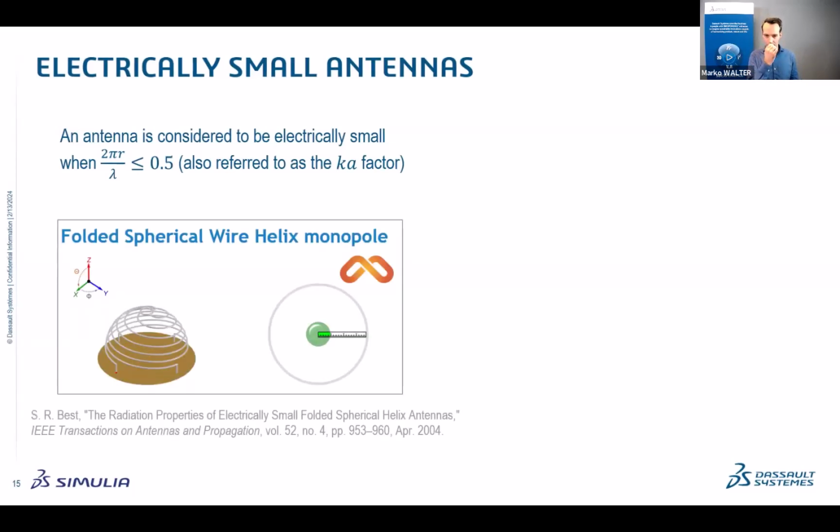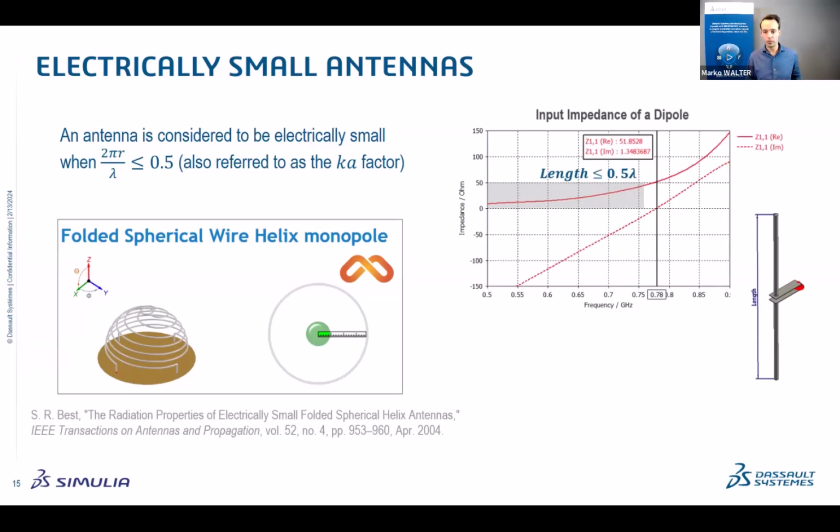And so here you can see just a folded spherical wire helix monopole that's available in Antenna Magus. You can see the reference for the literature it's based on at the bottom there. The point is, when the wavelength gets very short, the input resistance becomes very low, and of course, it's no longer an efficient radiator, and it's no longer matched to 50 ohm, right?